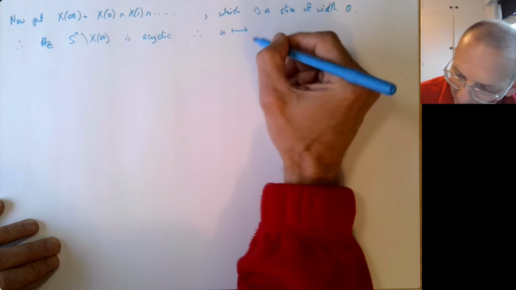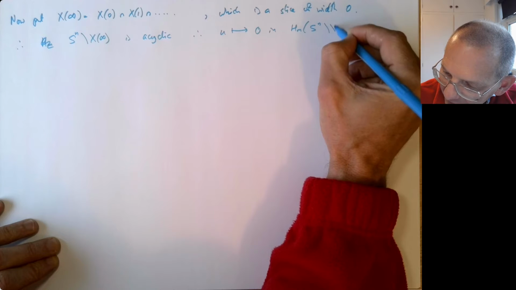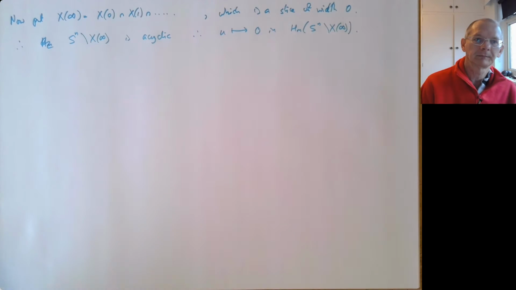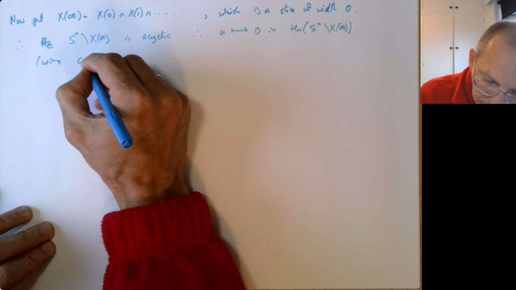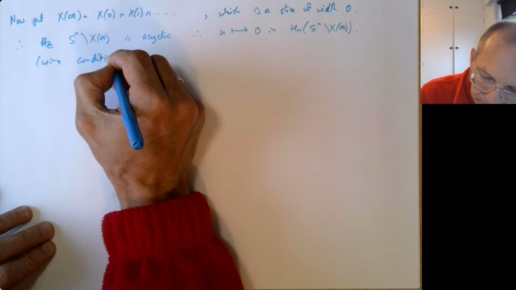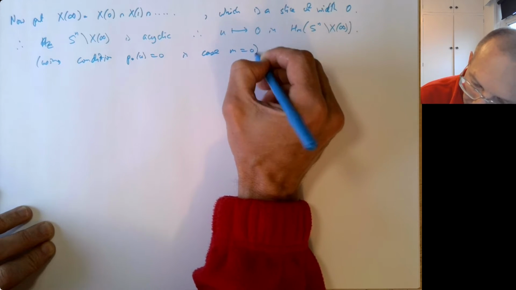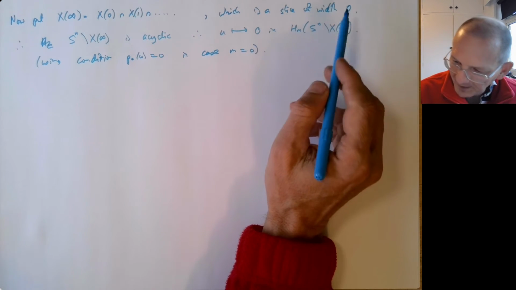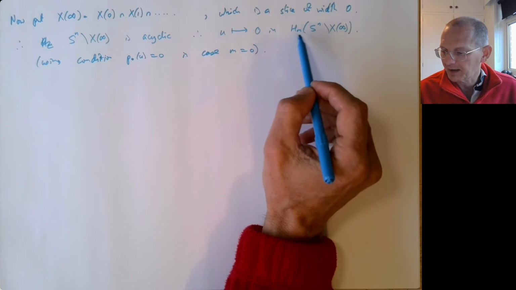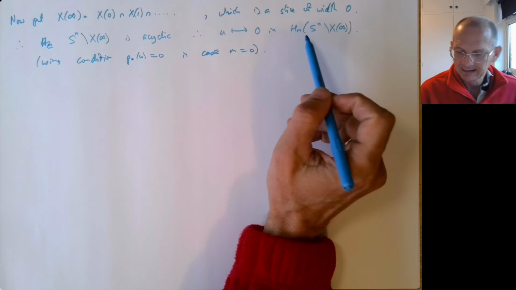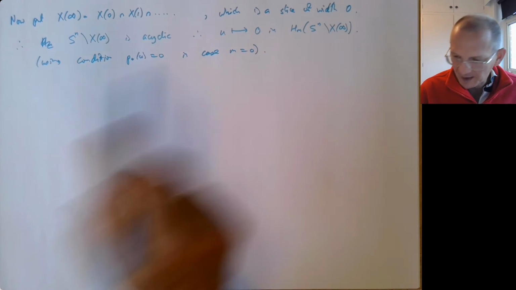So that means that U goes to 0 in the nth homology of S^n less X_infinity. So if m is bigger than 0, this is kind of automatic because the group is just trivial. If m is equal to 0, then we know that H_0 of S^n less X_infinity is Z. But because we assumed at the beginning that P_* is 0, then that would mean that U has to go to 0 here as well.